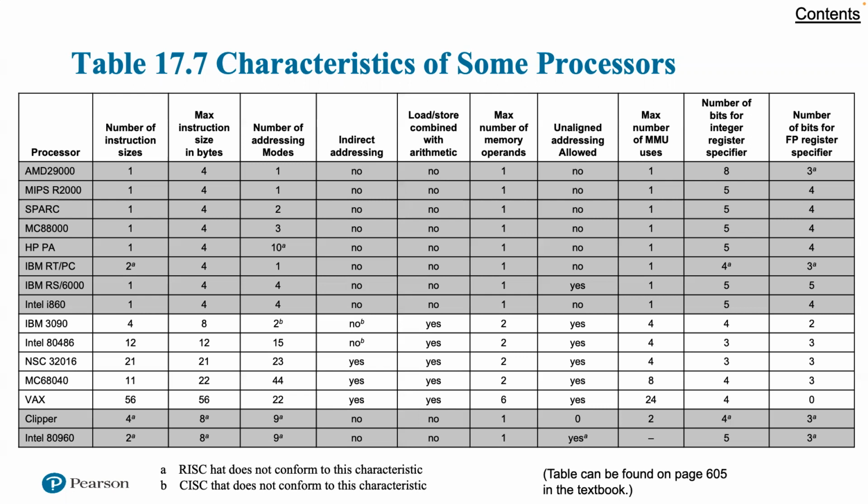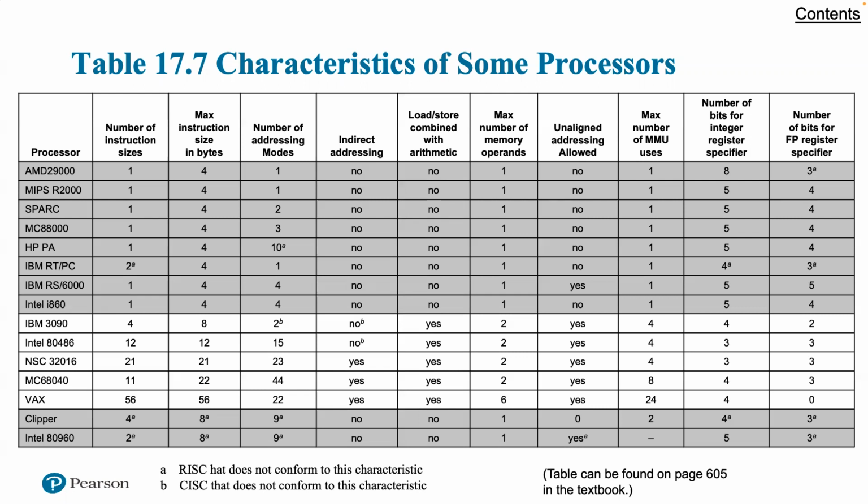One, a single instruction size, and two, that size is typically 4 bytes. Three, a small number of data address modes, typically less than 5. This parameter is difficult to pin down in the table. Register and literal modes are not counted, and different formats with different offset sizes are counted separately.